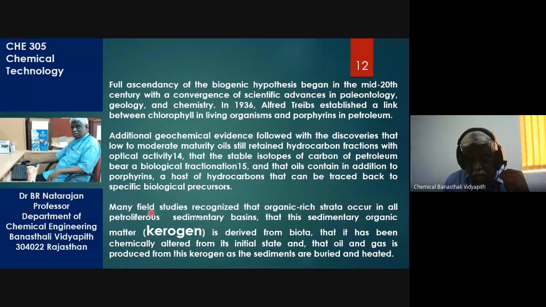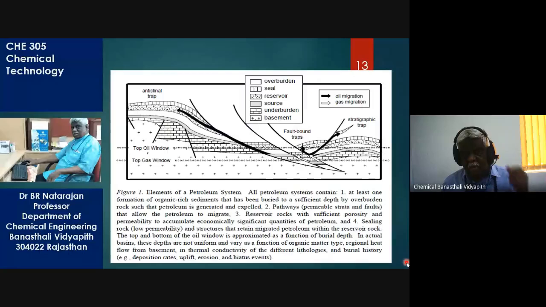So the starting mess of kerogen slowly moved stage by stage into other stages, and the kerogen and the sediment got buried and heated. More and more changes were happening to the kerogen. So you can see that this is a rock system where you have at least one formation of organic rich sediment.